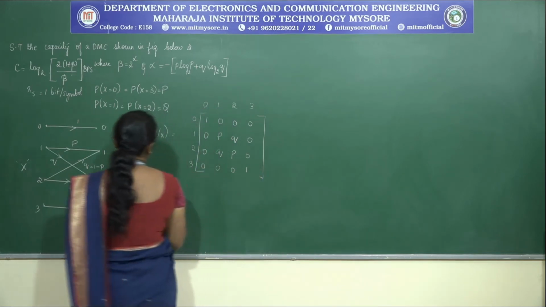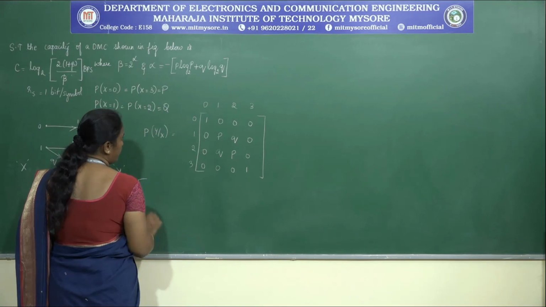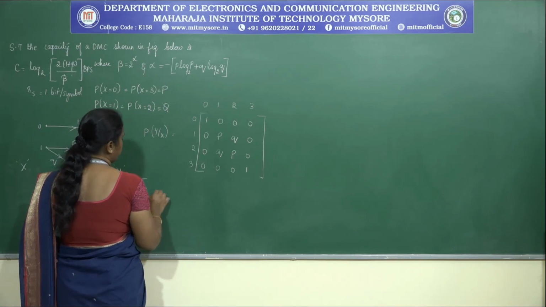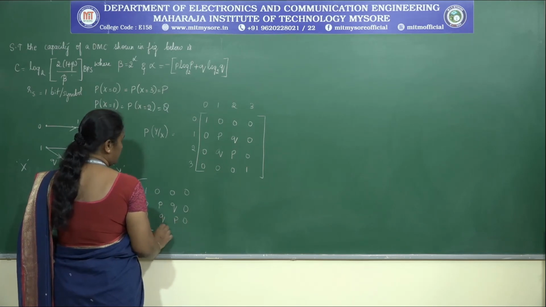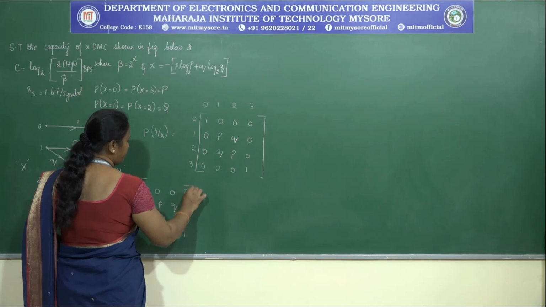Now use this P of y by x matrix. We will use Muroga's method to calculate the channel capacity here. The matrix rows are 0, Q, P and 0, 0, 0, 1.